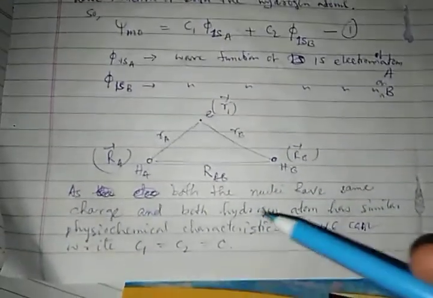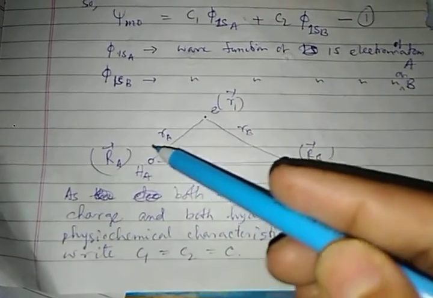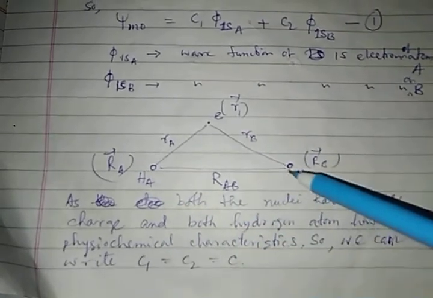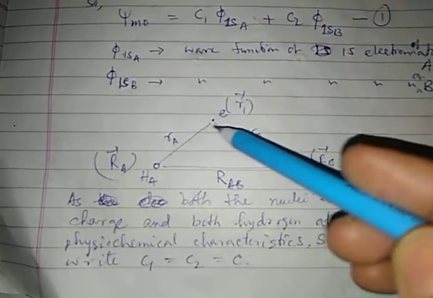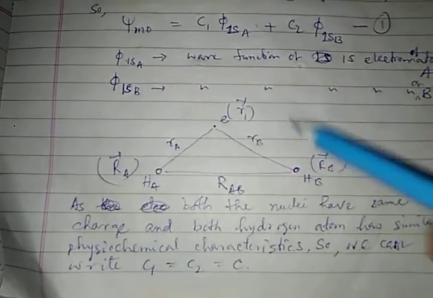Now we have noticed that both the hydrogen nuclei, the nuclei of HA and HB, have a similar charge, +1, and they are sharing a single electron, the same electron. So the probability of sharing this electron is 50-50, the same.